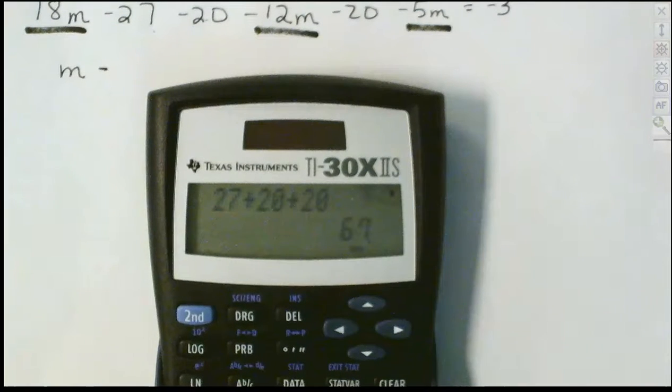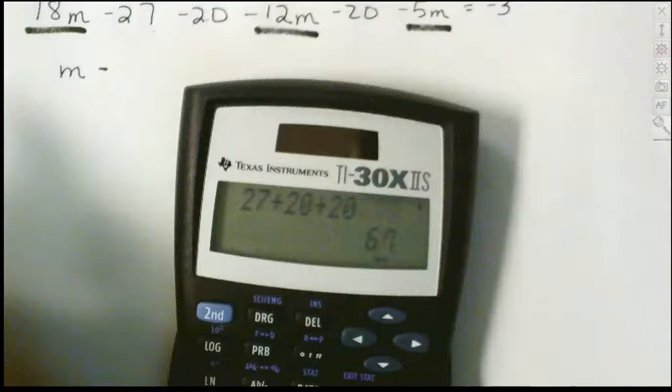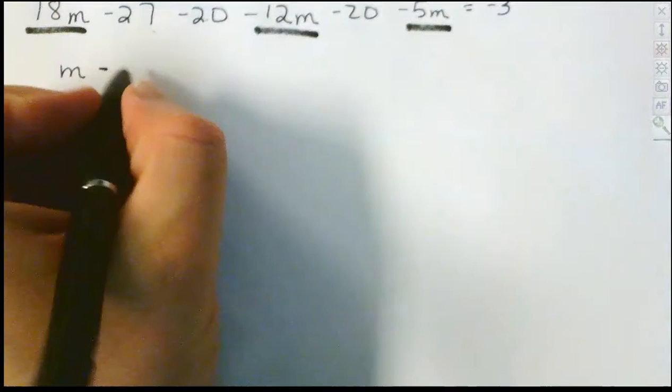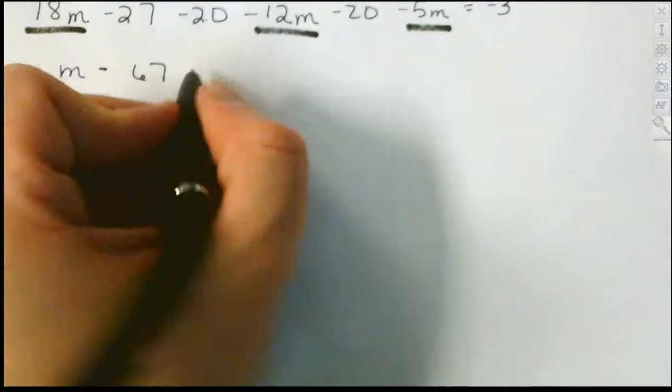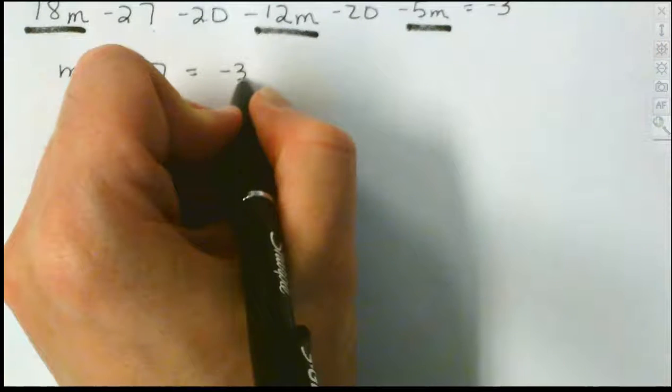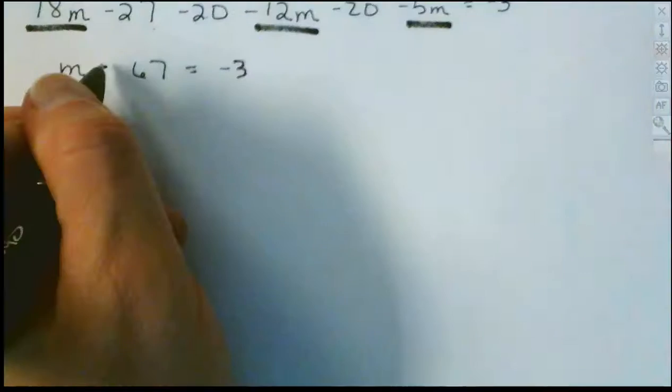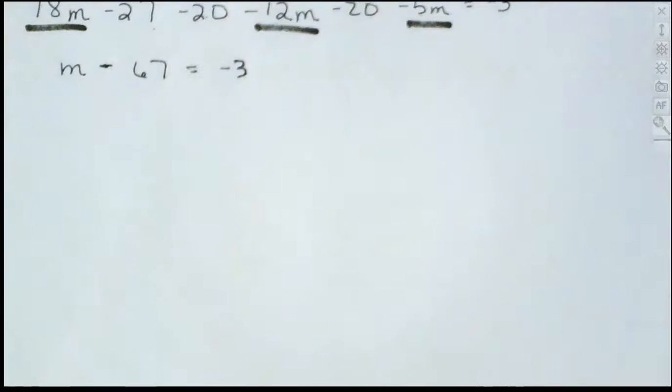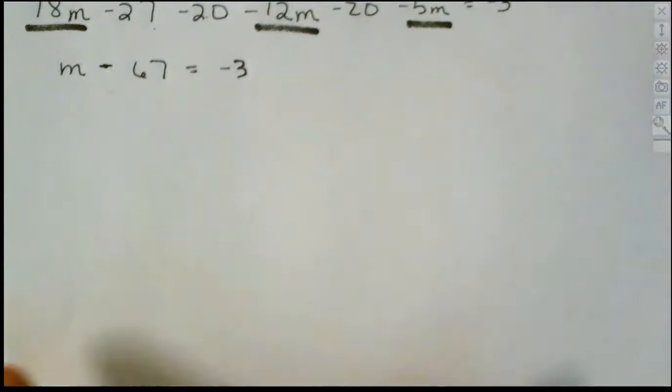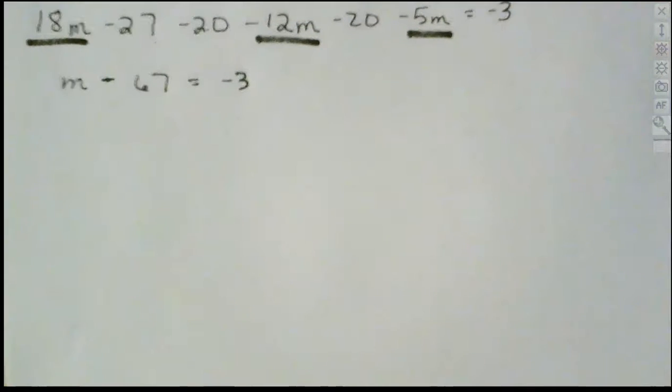That makes it a 67. We know they're all negative, so that's going to be a negative 67. I think you're better off just determining the sign first instead of putting all the negatives in your calculator. You're less likely to make a mistake if you don't put the negatives in the calculator. So I just put them together. You can do it mentally too, doesn't matter.